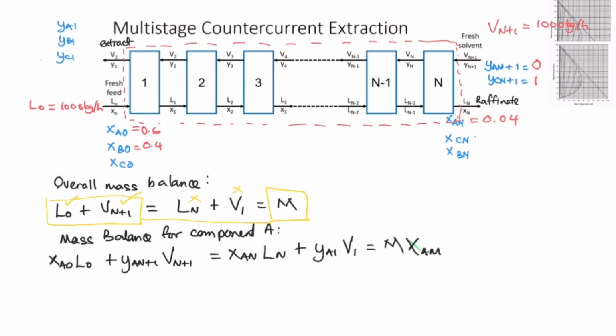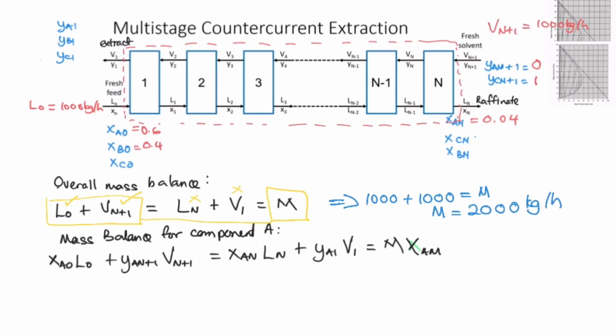This will give you L0, which is 1000, plus 1000 from the solvent, which is equal to M. So your M is equal to 2000 kilogram per hour.